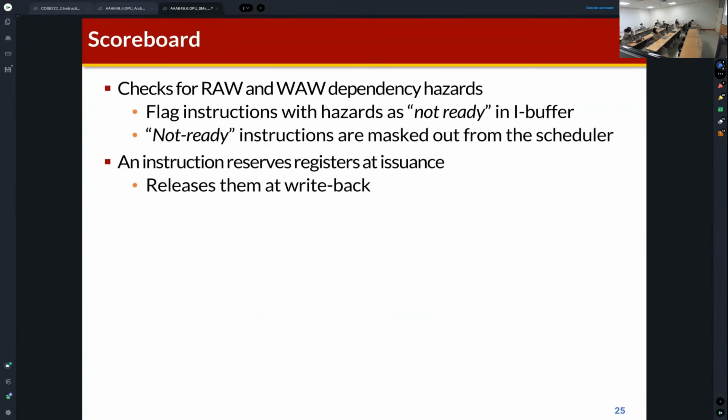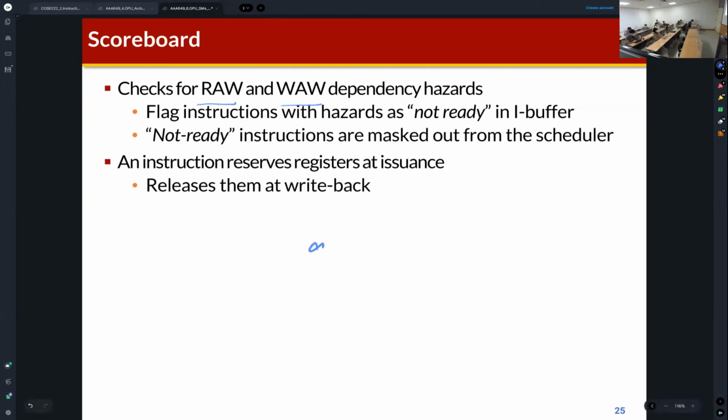And then the scoreboard. The scoreboard checks the readiness of the warp, and as I mentioned, the scoreboard checks the RAW hazard and the WAW hazard. If the RAW hazard and WAW hazard are effective, then it means that the warp is not ready for issue.